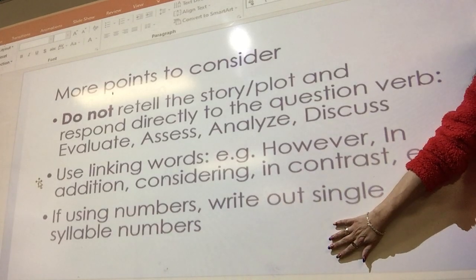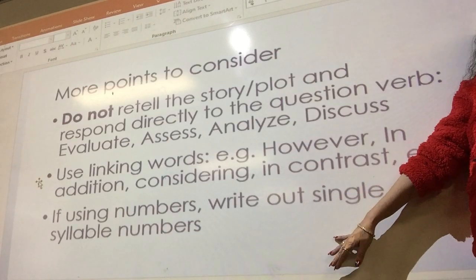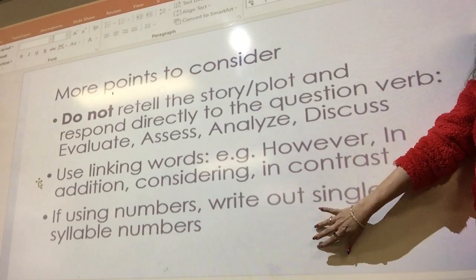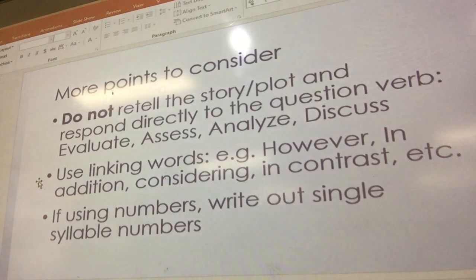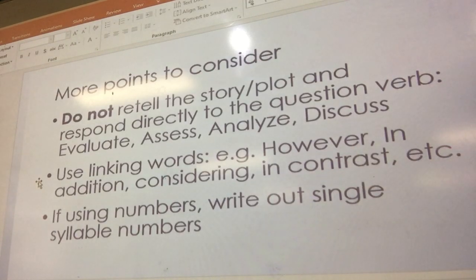That's a have-to. Some people will write out the other numbers as well, but this is a have-to. Like I said, if somebody needs me to repeat the numbers, 1 through 6, 8 through 10. I don't know if you'll run into numbers in your writing, but if you do, that's the rule. Okay.